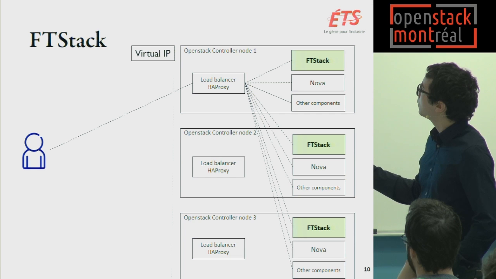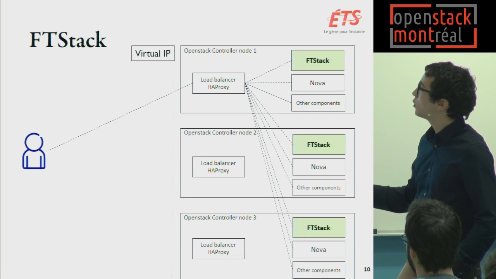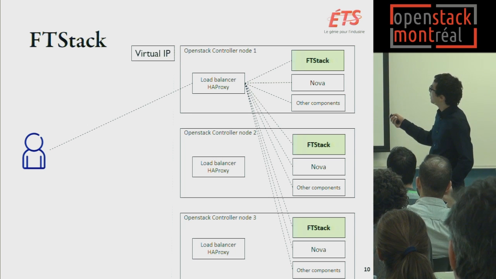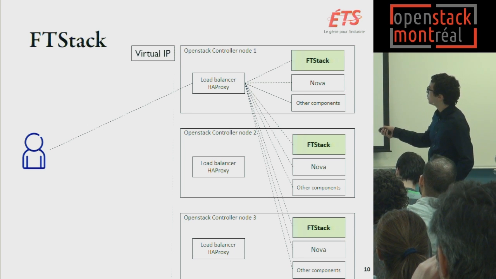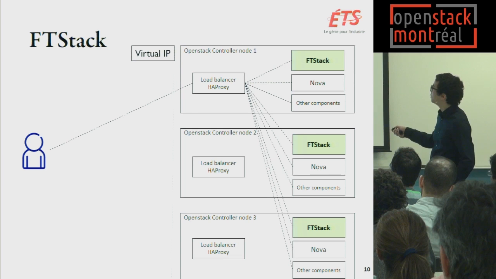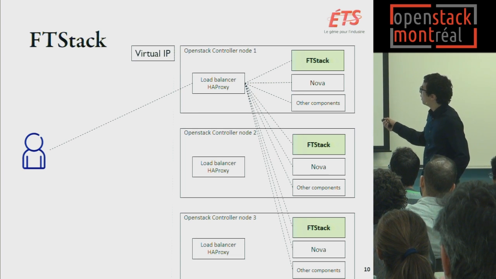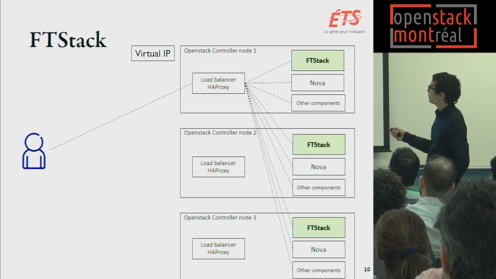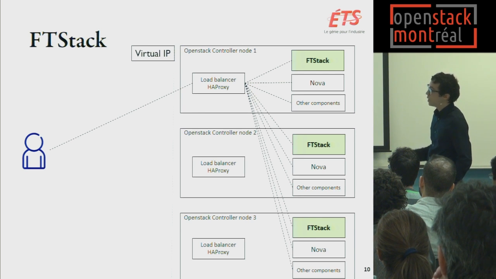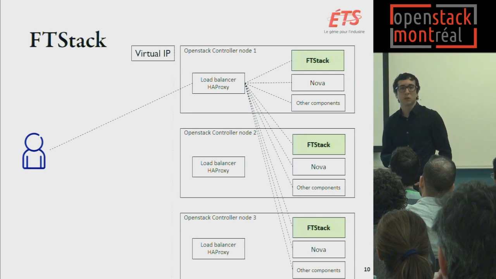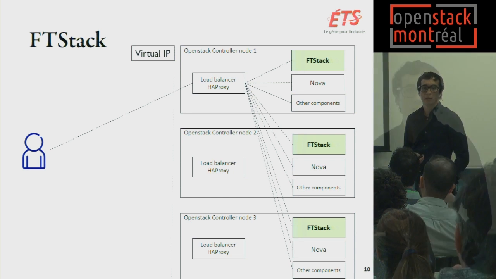So for example, if node 1 is up, the end user by default will be redirected to controller node 1. But if this node is down, then the user will be redirected to node 2. You can also see HAProxy. HAProxy, provided by Mirantis in the environment, is very useful because it's the component that ensures the high availability of your service.